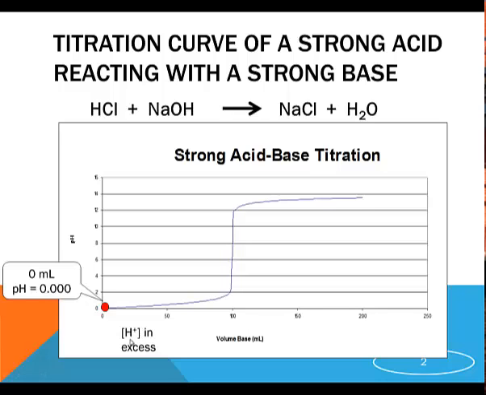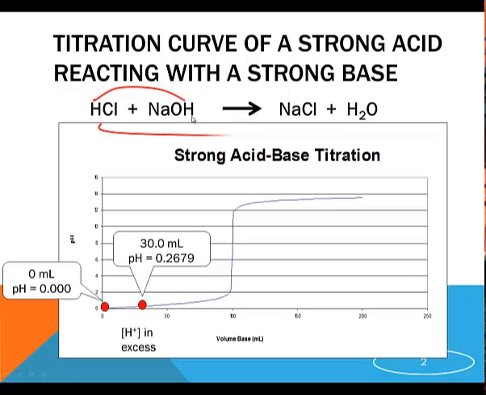Then we went ahead and we added 30 mLs of our strong base, sodium hydroxide. At that point in time, what happened was the hydroxide ion reacted with the hydrogen ion. Now, since we added 30 mLs of 1 molar sodium hydroxide, that works out, volume times molarity, to be 0.03 moles of sodium hydroxide, and more importantly, just 0.03 moles of hydroxide ion.